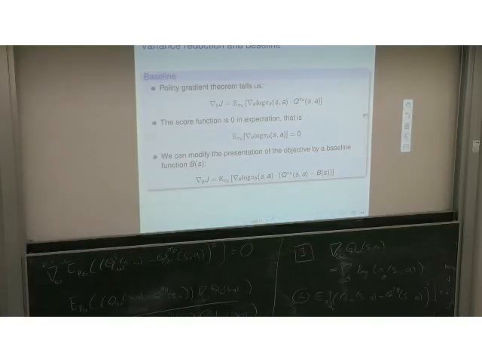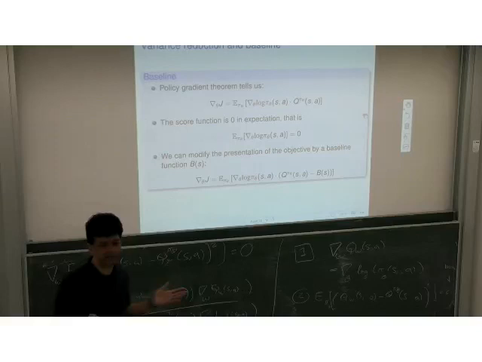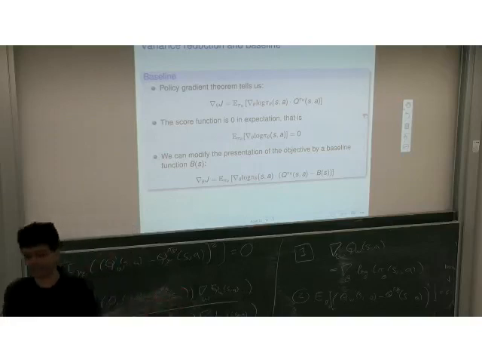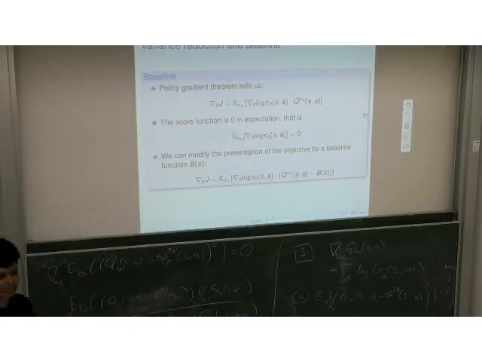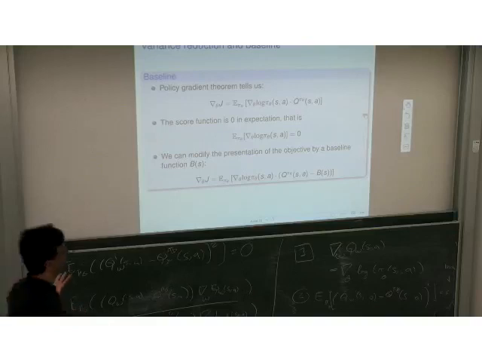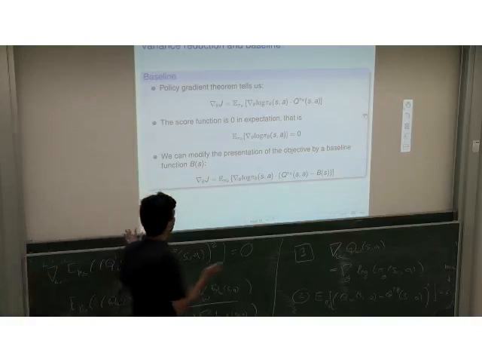The score function has expectation 0, so what you can do is multiply that score function by any function that does not depend on theta. For example, a function of the state space. It should not depend on theta. You can take a function of the states, multiply it. Its expectation will still be 0 in terms of pi theta. So you can subtract that from the whole thing, and you can.